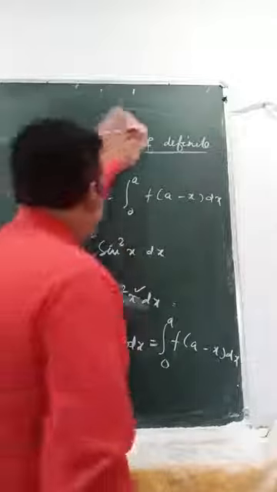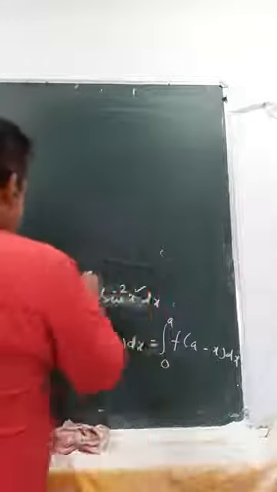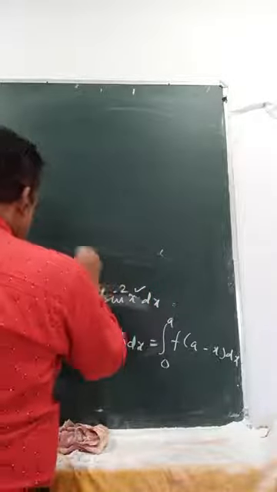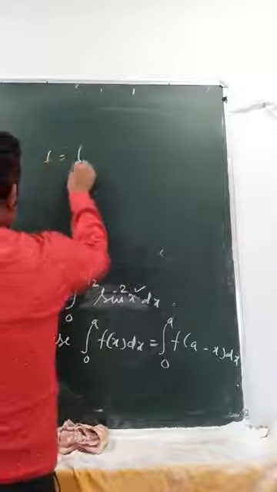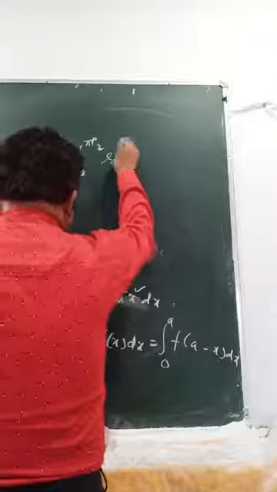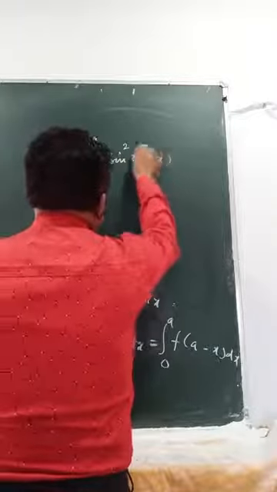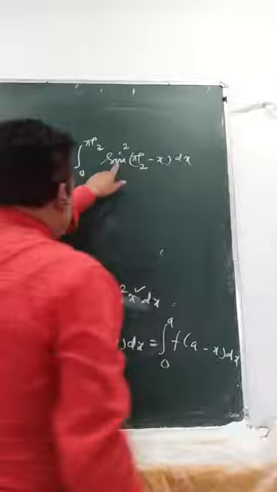So I is integral from 0 to pi by 2 of sin square (pi by 2 minus x). What is sin of 90 minus theta? Cos theta.